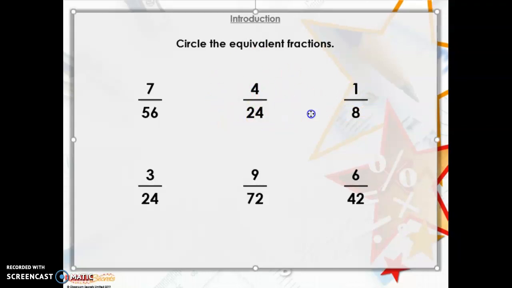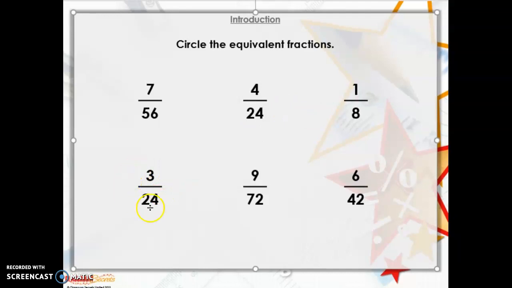Okay, let's go to the next one. Let's look at 3/24. So how do I get from 1 to 3? I times by 3. Therefore, whatever you do to the top, you do to the bottom. So let's see. 8 times 3, is that 24? Yes, it is. So 1/8 is equal to 3/24.